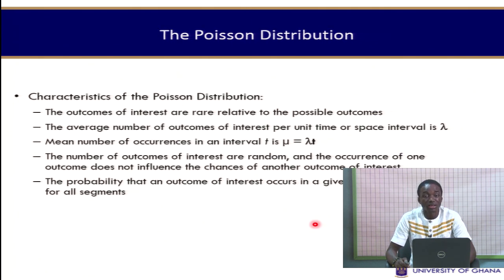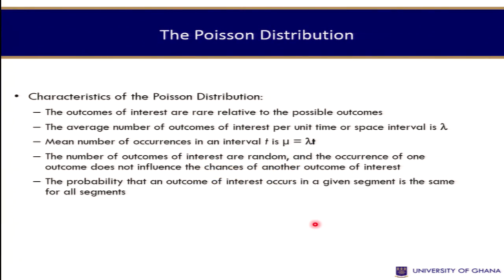The Poisson distribution looks at the possible outcomes of an event within a certain interval. The interval could be time, or the interval could be space. For example, we could be interested in the number of arrivals at a certain checkout counter within an hour, the number of arrivals of patients at an OPD in a hospital, the number of arrivals in a barbing shop within a day, within an hour, or within 30 minutes.